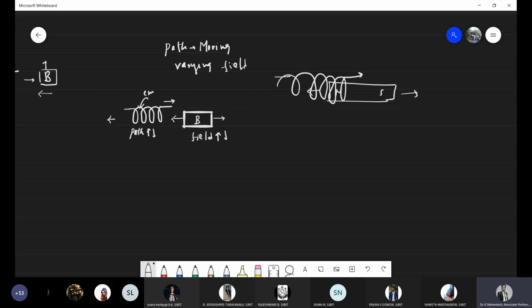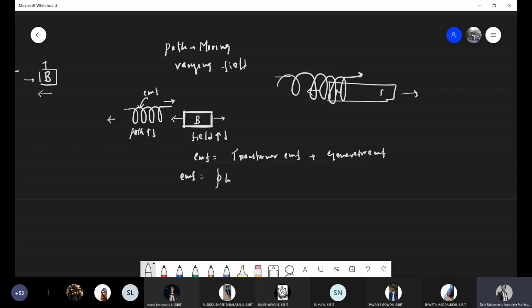That total EMF, with respect to the moving path and varying field, will be equal to transformer EMF plus generator EMF.